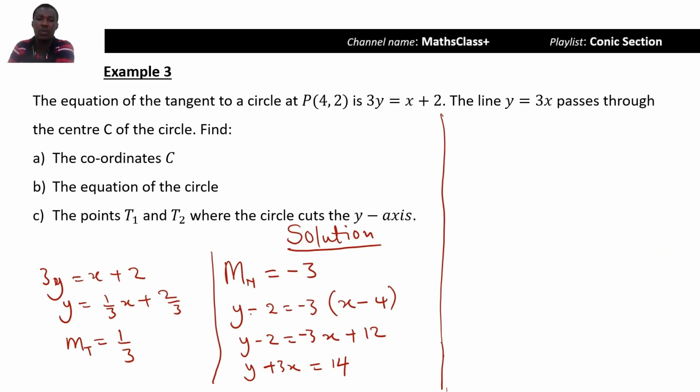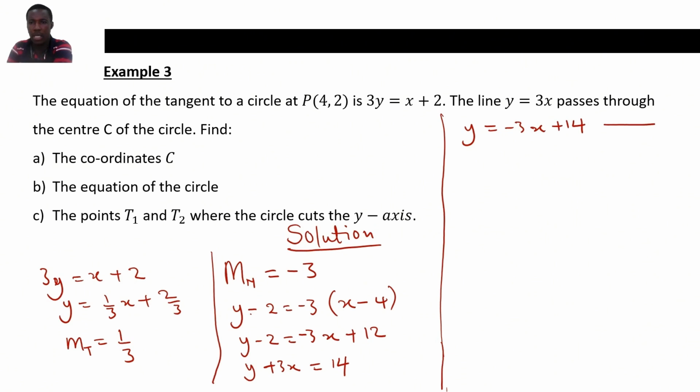This is the equation of the normal to the circle. And so I can rewrite it as y = -3x + 14, and that will be my equation 1.